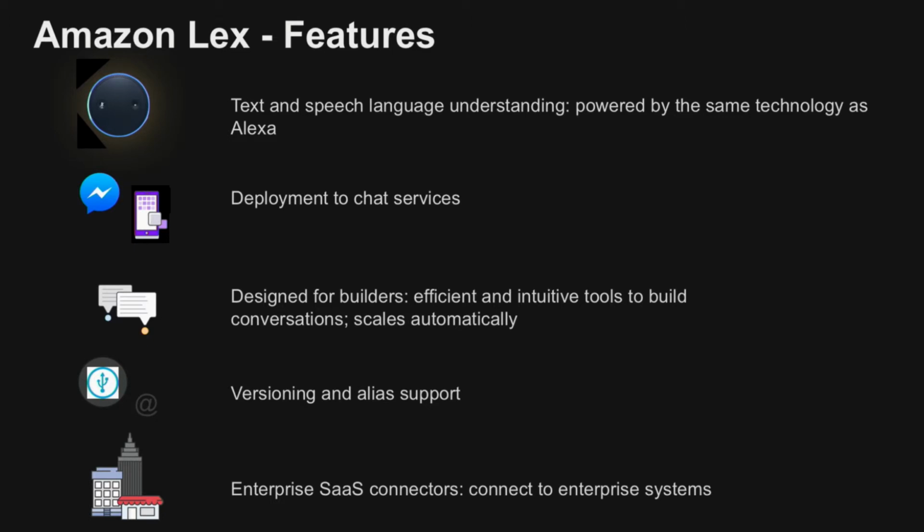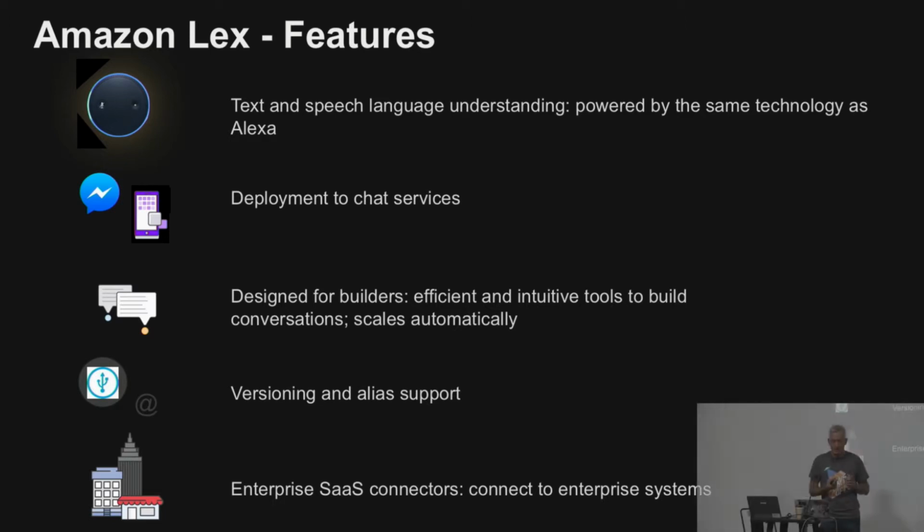And using the service, you can deploy a fully featured chat service behind that endpoint, and you can interface it with a variety of different channels. We call them channels. So this is things like Facebook, Slack. You can write your own clients, which use either text-based interfaces or use voice-based interfaces.